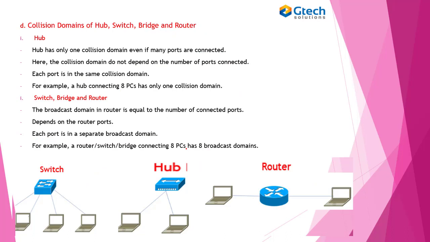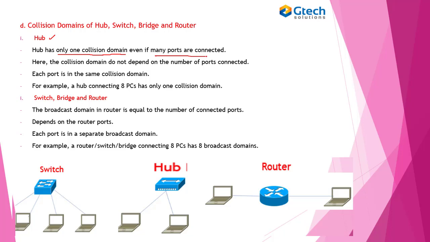The collision domain of hub, switch, bridge and router. So in the case of a hub, we only have one collision domain, regardless of the number of ports connected. Even if there are many devices, let's say 20 devices are connected to a hub, the number of collision domains in that hub is only 1.